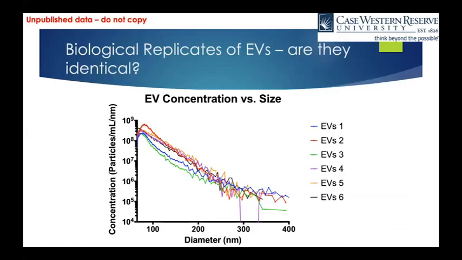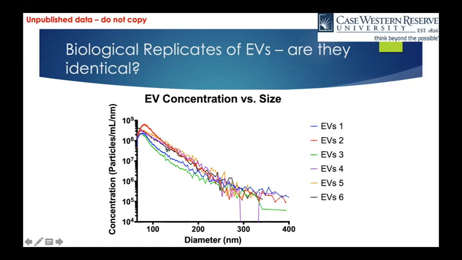So what you can see here is 6 independent biological preparations of extracellular vesicles. So these EVs were made the same way from the same number of cells 6 different times. And the important thing to take away here is that while on this size distribution plot, which does show concentration and size distribution of our vesicles, we do see agreement amongst the biological replicates in terms of the general size distribution pattern, we do see differences in the concentration, which is represented by y-axis shifts between the different independent biological replicates.